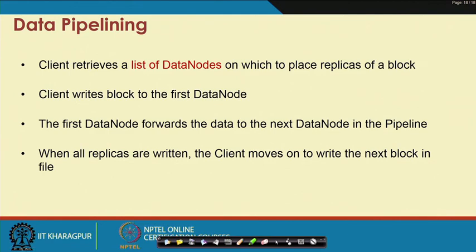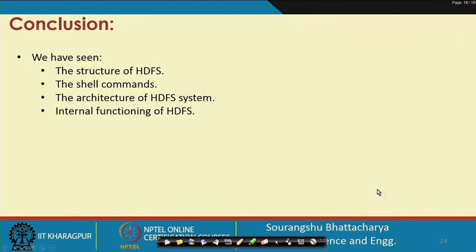We have already discussed data pipelining. To conclude, today we have discussed the structure of HDFS, the shell commands, and the architecture of the file system: what the components are and how each of them interacts with the others at the time of read and write.